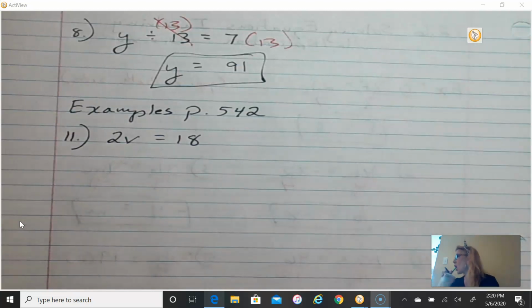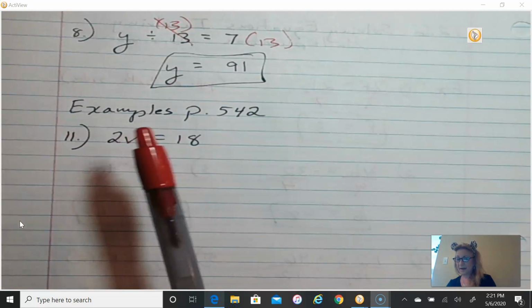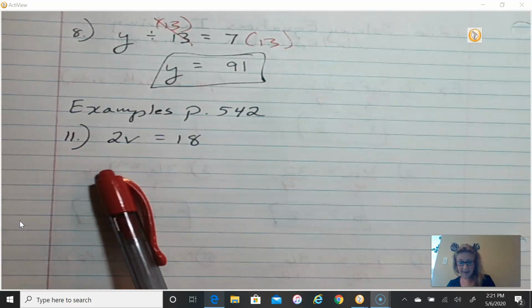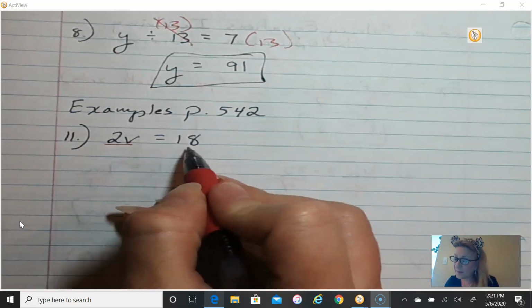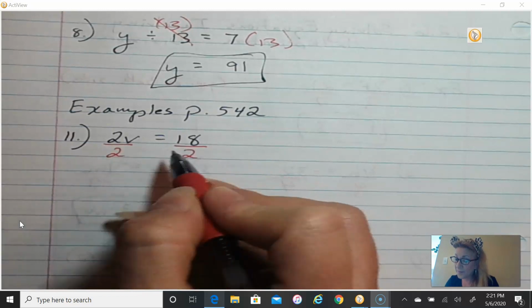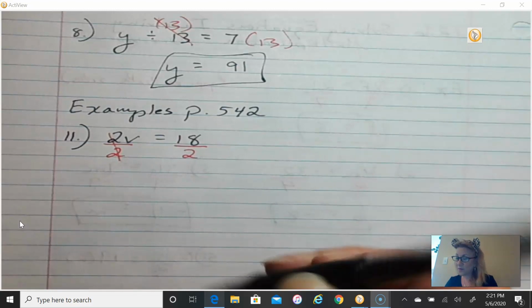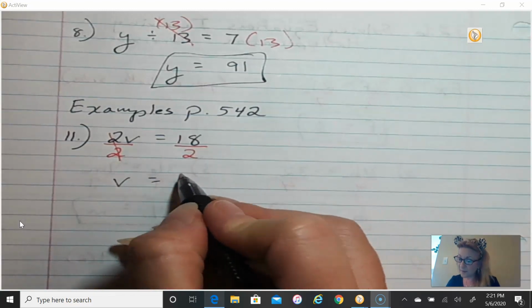Okay, so we're isolating the variable, and we have to get rid of the 2 because that's our intruder. And since we're multiplying right here, we're going to divide. That's the opposite. So those cancel out, and we're left with v equals, what's 18 divided by 2? 9.